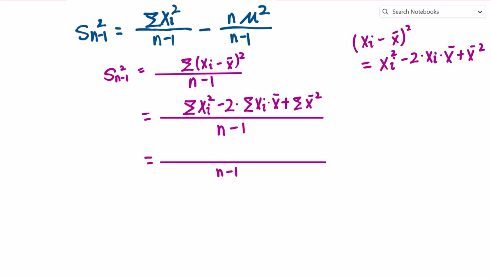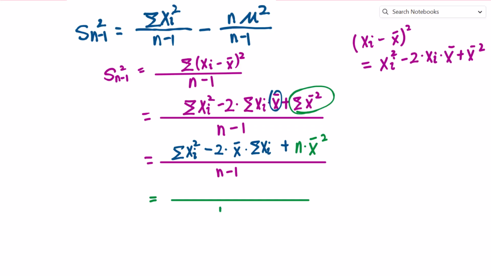Denominator still n minus 1. Look at the numerator. Sigma of xi squared. X bar is a constant number. So we get minus 2 times x bar times sigma of xi, plus there are n x bar squared here. So we get plus n times x bar squared, denominator still n minus 1.